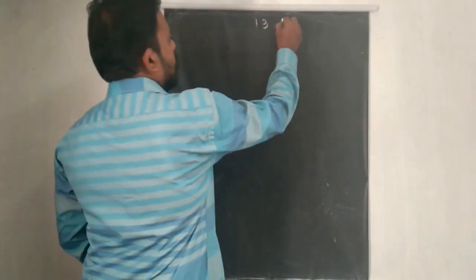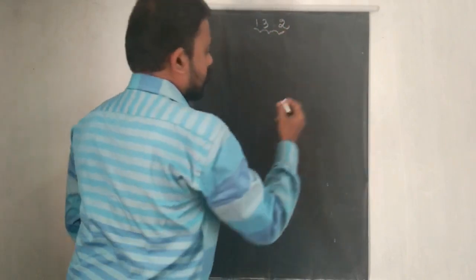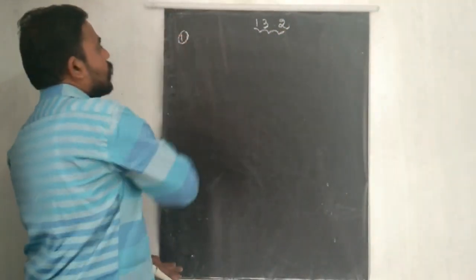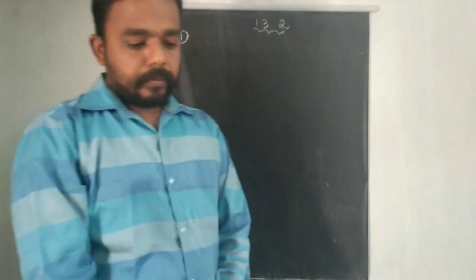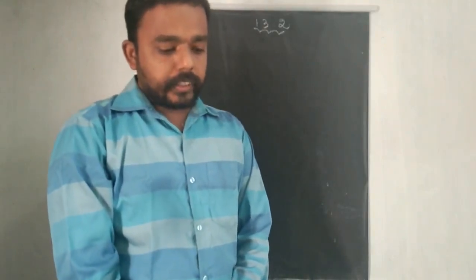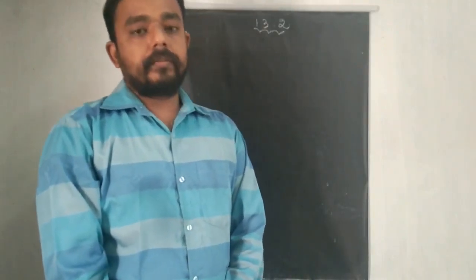Now we are going to discuss exercise 13.2, first problem onwards. First problem, the curved surface area of a right circular cylinder.